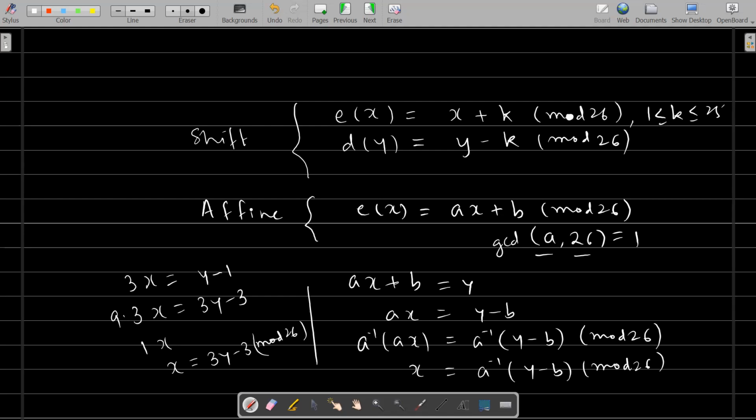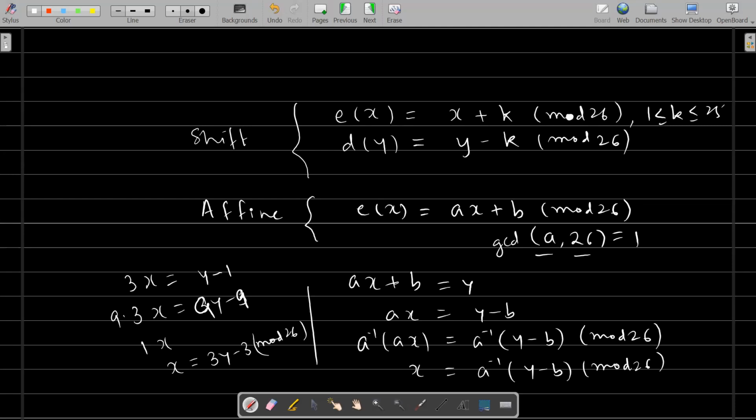Sir, we are dividing y minus b by a. So what if that is not an integer? Can it happen? Sorry, it's not division in the practical sense. In some sense, we are multiplying by the inverse modulo 26.